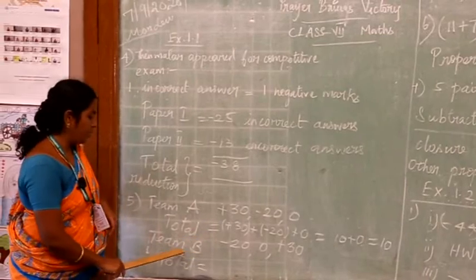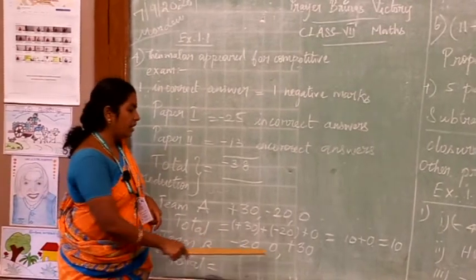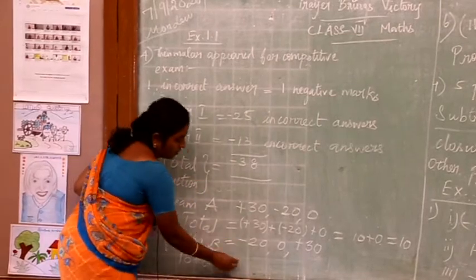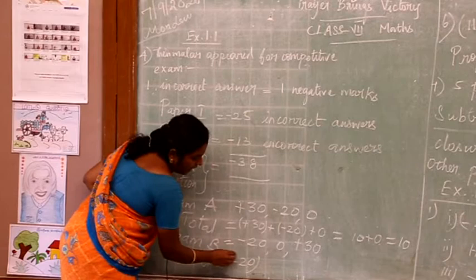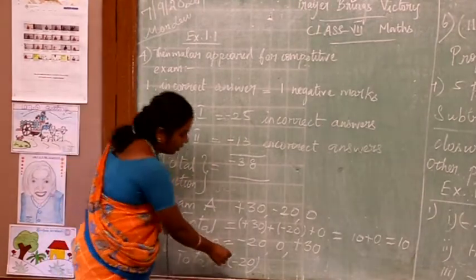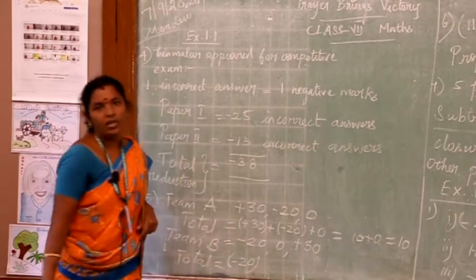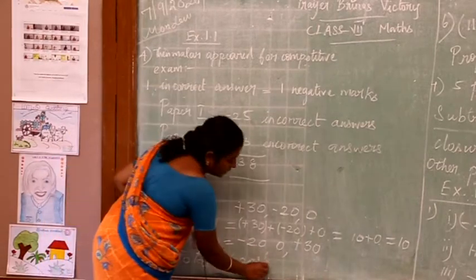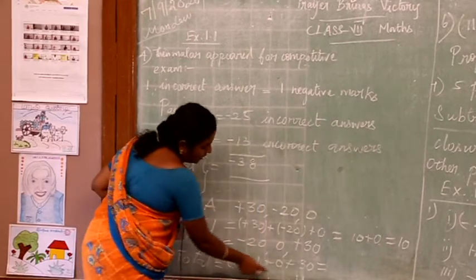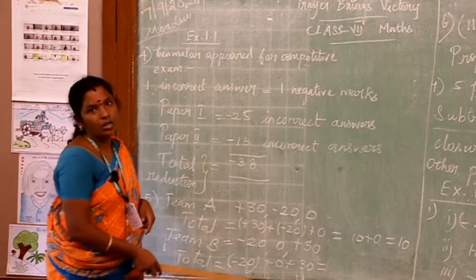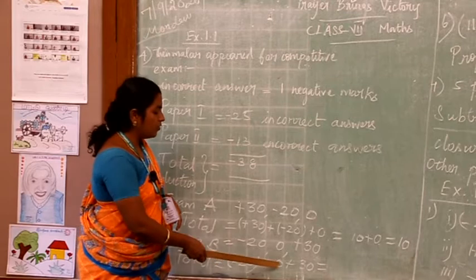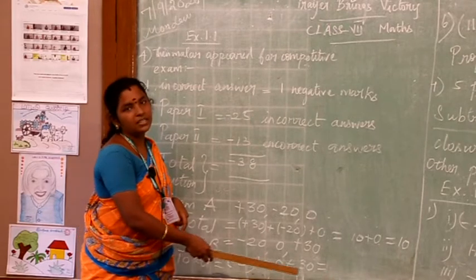Similarly, for team B, minus 20, 0 and 30. We add the first two numbers. If you have a negative number, you give a bracket, as I said in the earlier class, to denote the negative number. So minus 20 plus 0 plus 30. As you know, 0 is a neutral number, not positive and not negative, so adding a number with 0 gives the same answer.